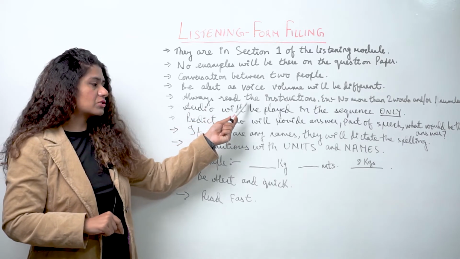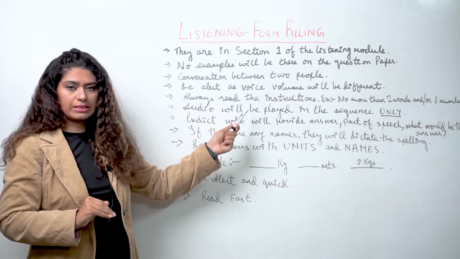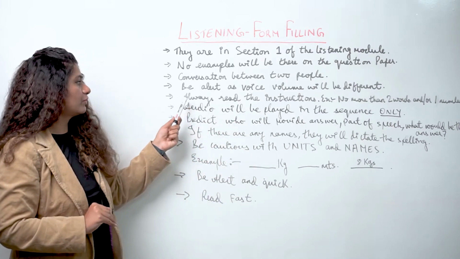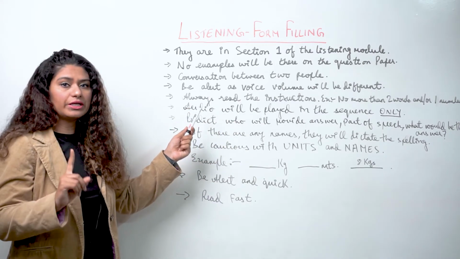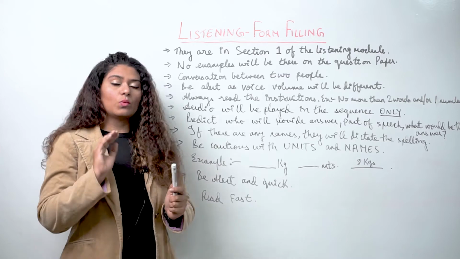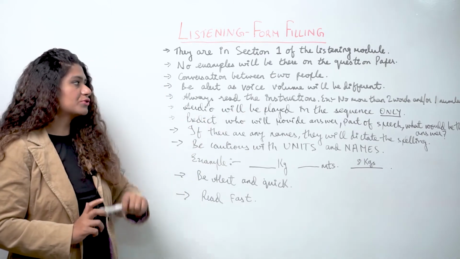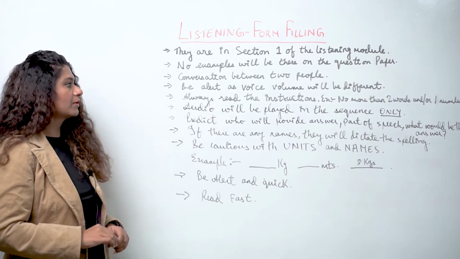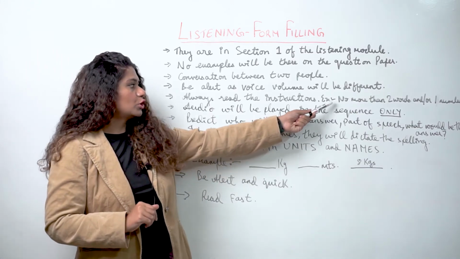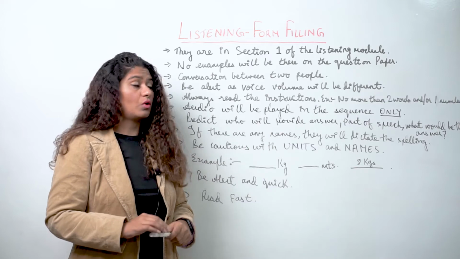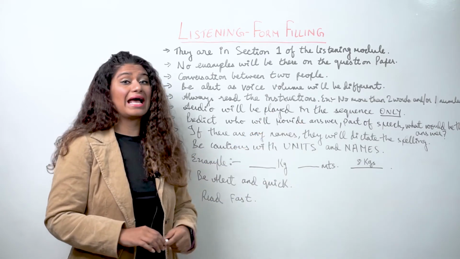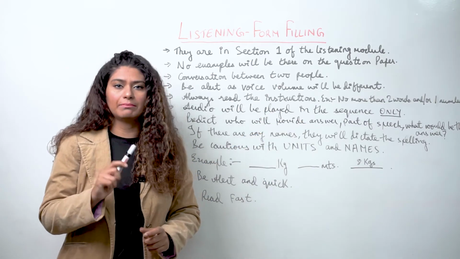Always read the instructions. This is the first tip I would like to give you for these kinds of questions. Now what kind of instructions can you expect here? I have just mentioned an example here. They might say no more than 2 words, or no more than 2 words and or one number.